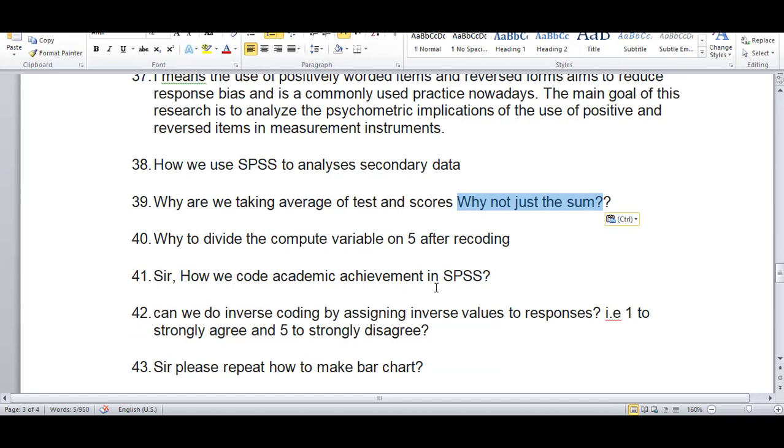How do we code academic achievement in SPSS? Again, what do you mean by academic achievement?